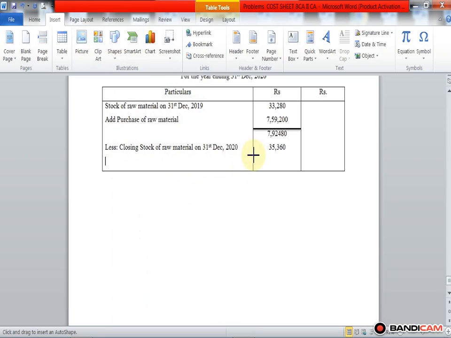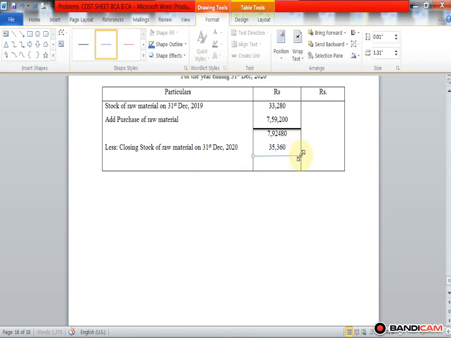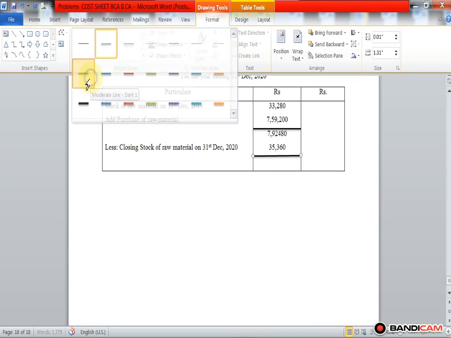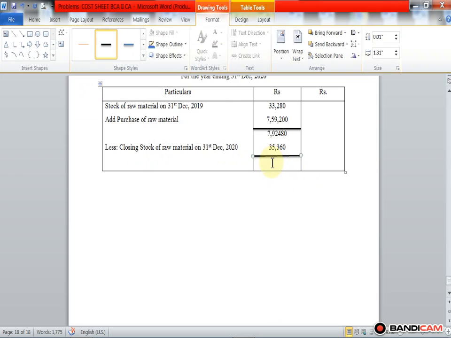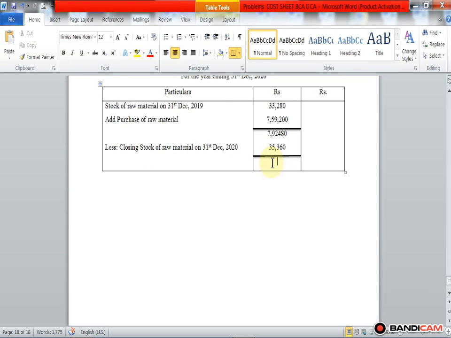Closing stock is deducted from material available for use, so we less the closing stock of raw material from material available for use. We get the material consumed, here 7,57,120.